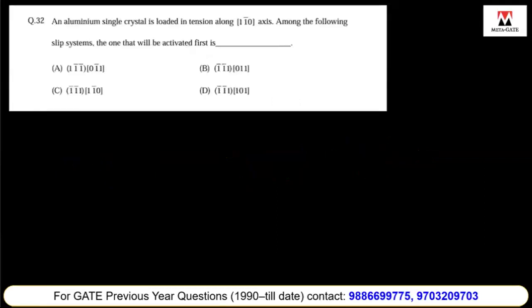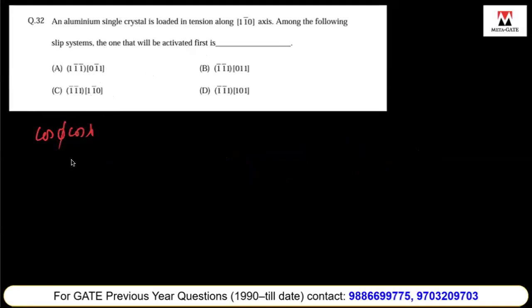An aluminum single crystal is loaded in tension along the 1 bar 0 axis. Among the following slip systems, the one that will be activated first is: you need to calculate cos phi and cos lambda. Apply Schmidt's rule here.